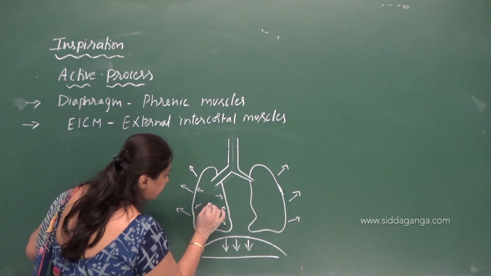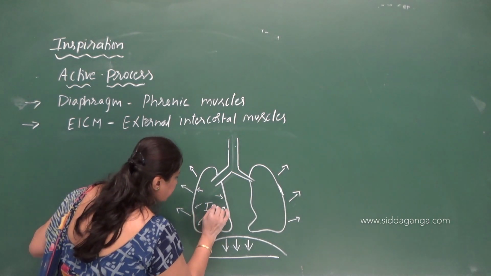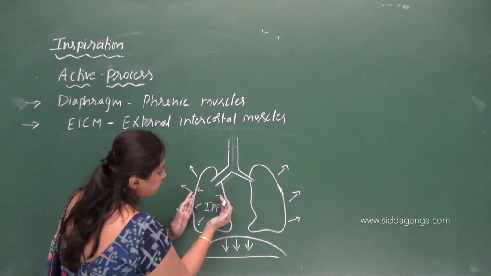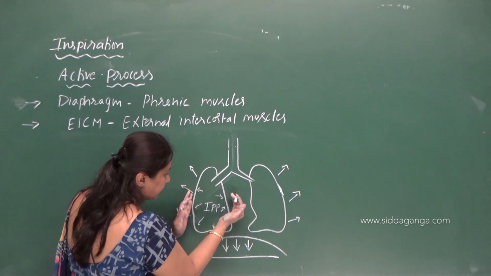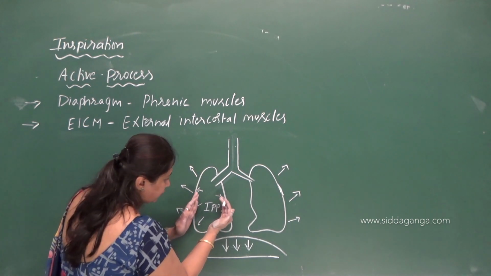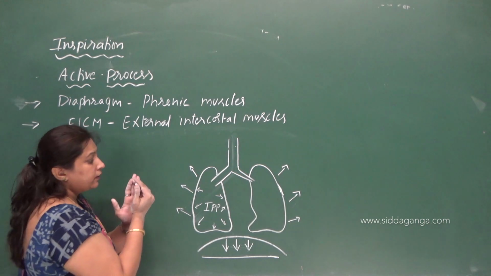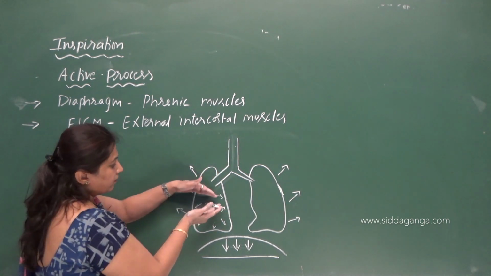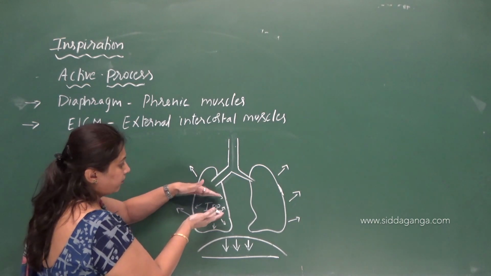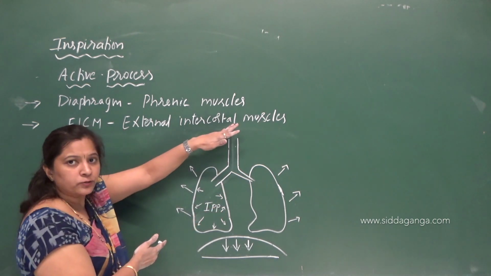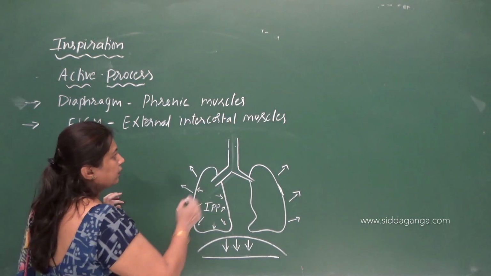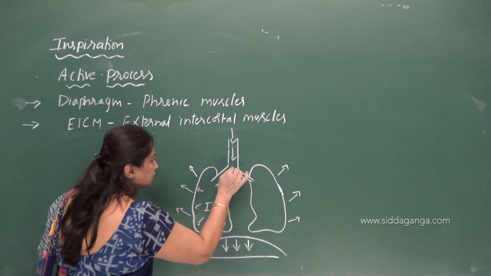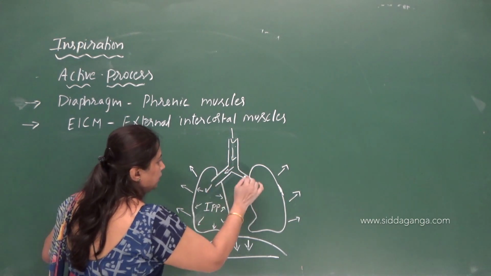The pressure inside the lung is called intrapulmonary pressure. Once the intrapulmonary volume increases, the intrapulmonary pressure decreases and becomes lesser than the atmospheric pressure, so the air from the atmosphere enters into the lungs.